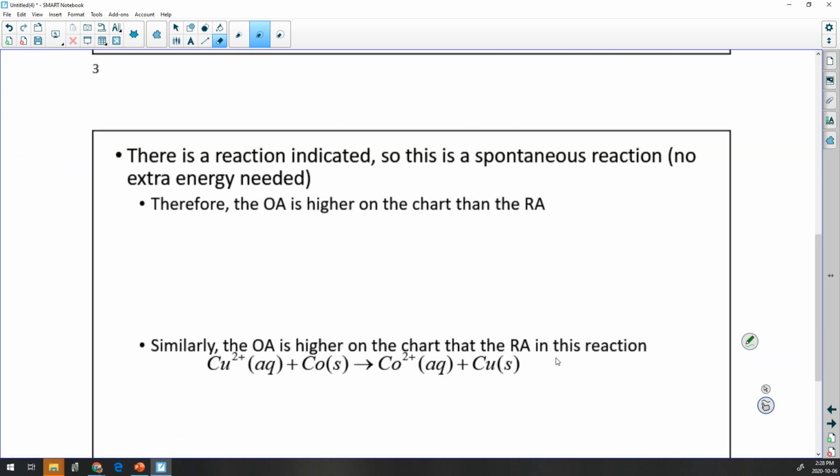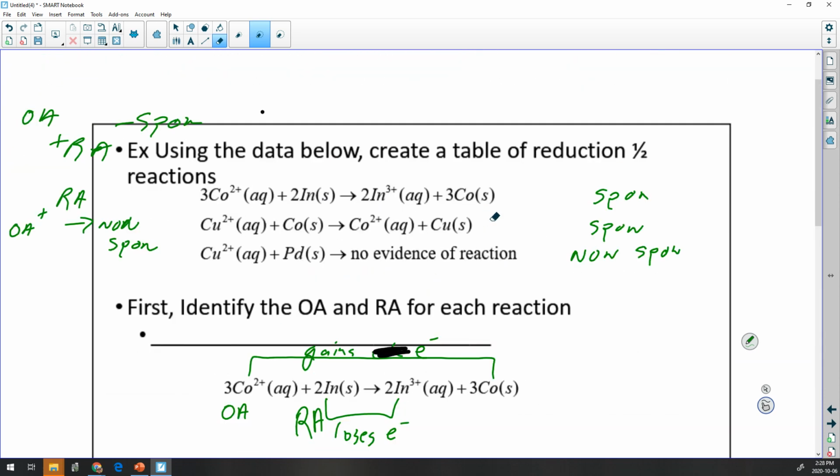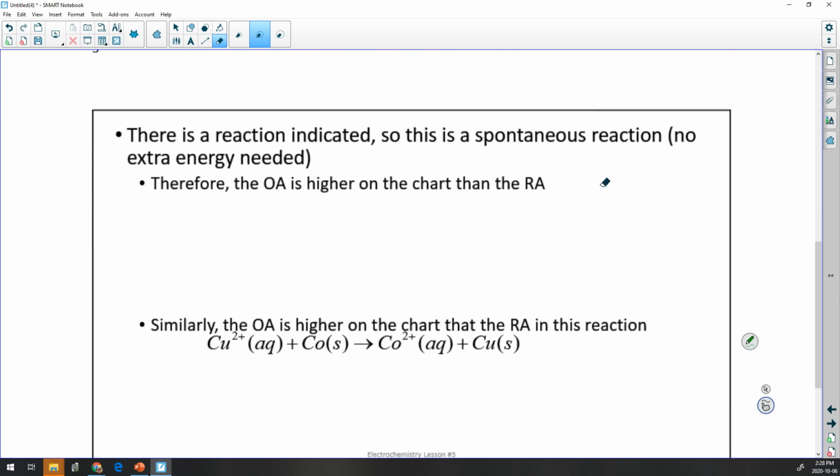So, because it's spontaneous, going back here, the OA is higher on the chart. I forget which one my OA was. My OA is above my RA.